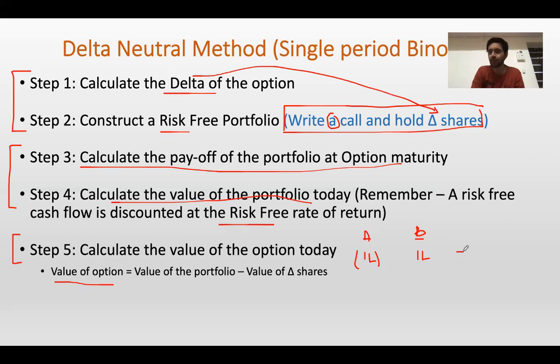The outflow is actually equal to 0 today for you. The value of your portfolio today is also equal to 0. The value of the portfolio today is going to be equal to the value of A, your long stock, less the value of B, because you have sold B.